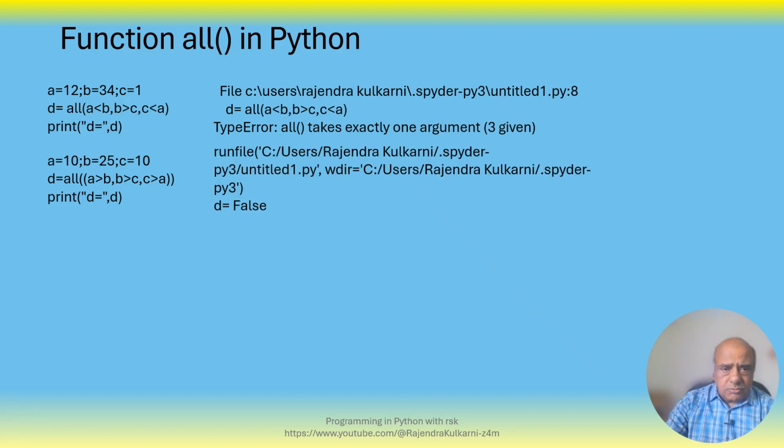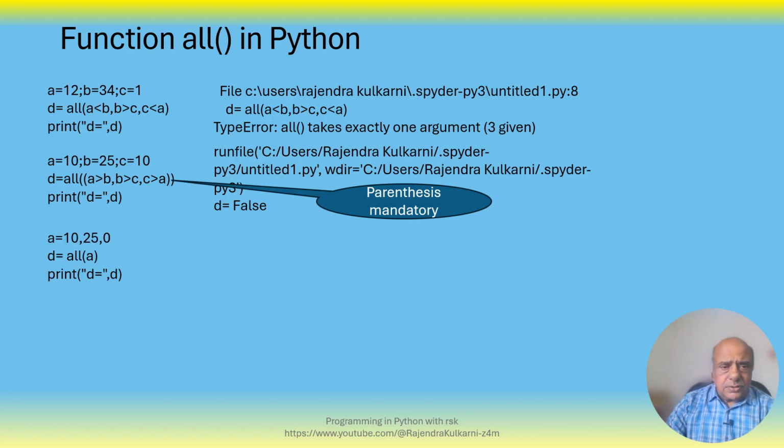Now it will work and we will get D is equal to false because A greater than B is false. Parenthesis is mandatory so that we can convert various sub expressions into one argument.